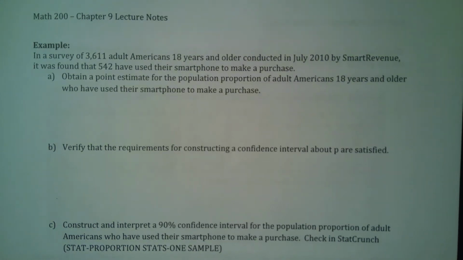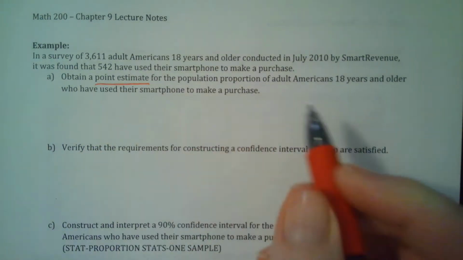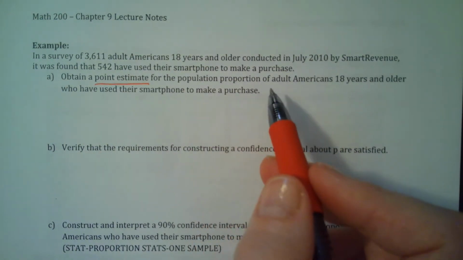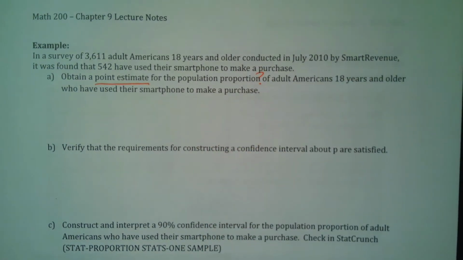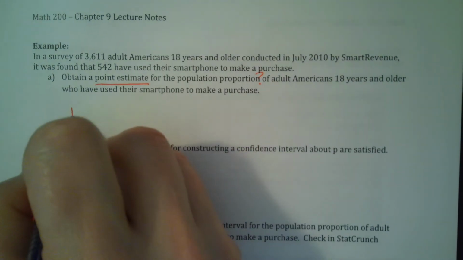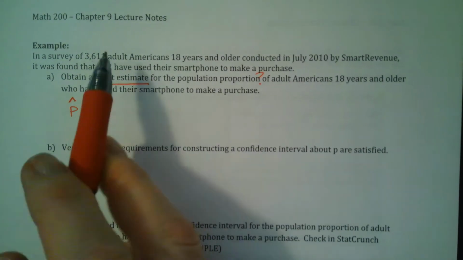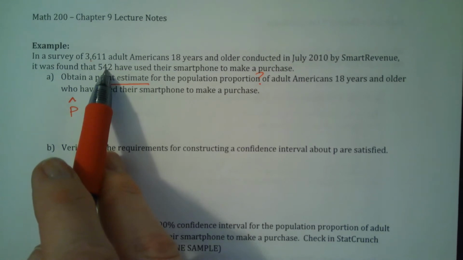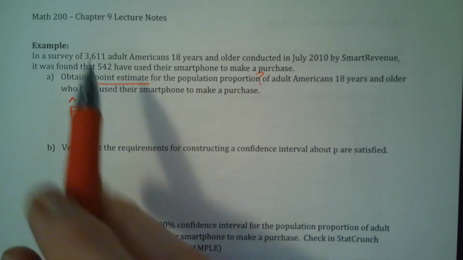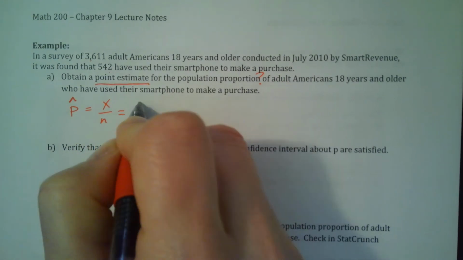The first thing it tells us to do is to obtain what's called a point estimate for the population proportion. Clearly, we don't know what the population proportion is, but a point estimate would find the proportion of my sample. The proportion of my sample is the percentage of the people that use their smartphones to make purchases out of the total. So we would just divide x divided by n.